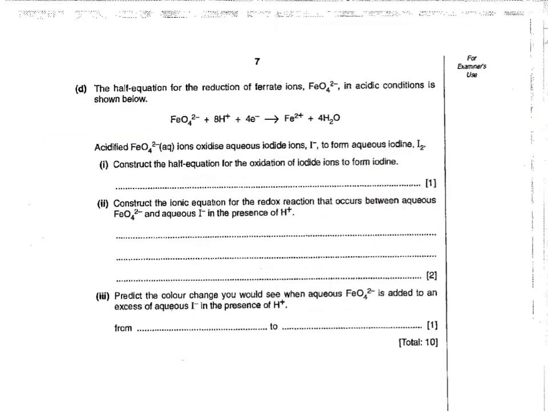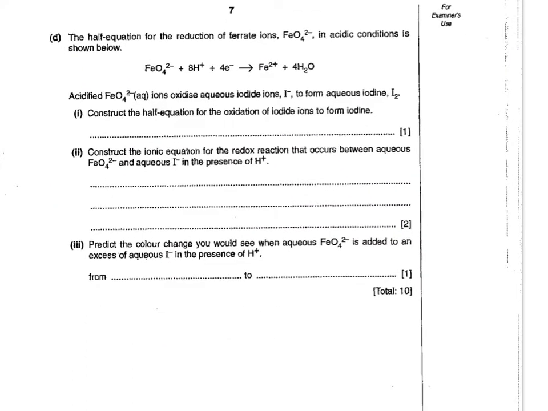It tells us the half equation for the reduction of ferrate ions in acidic conditions is shown on the screen. And it says acidified FeO4 ions oxidize aqueous iodide ions to form aqueous iodine, which is I2.